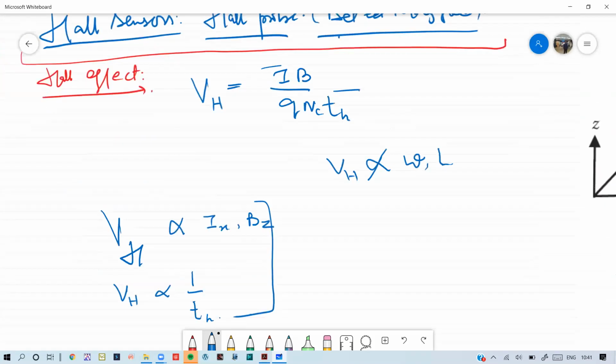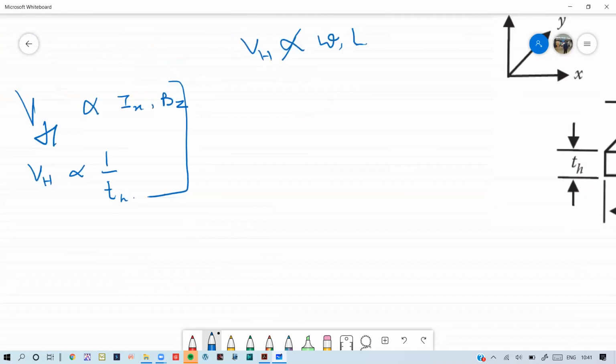And this current has a dependence: I is equal to current density times thickness times width. This is not a thickness, it is the width of the sample, TH. So it means that if you increase this TH, the current will increase.